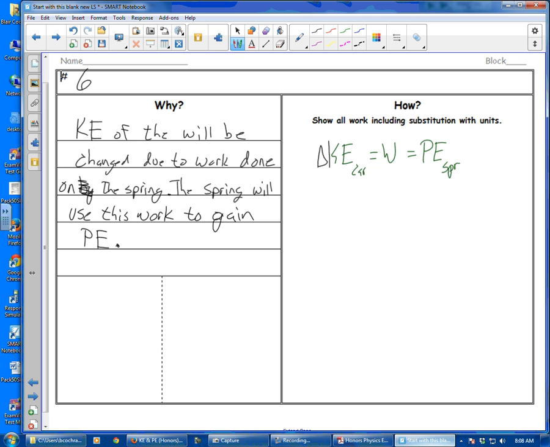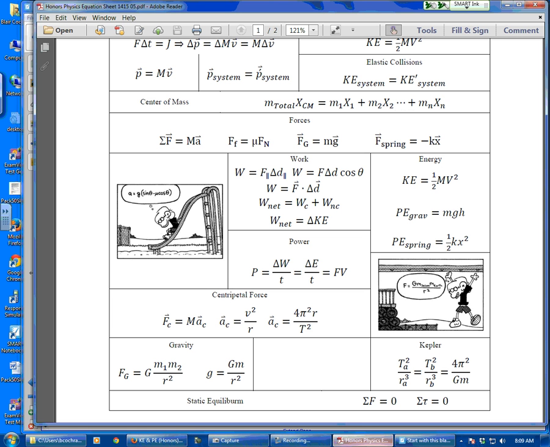Just summing that all up mathematically. Then I need to remember from my equation sheet that kinetic energy is related to your inertia and your speed, and the potential energy gained by the spring is due to its spring constant and how far it compresses.